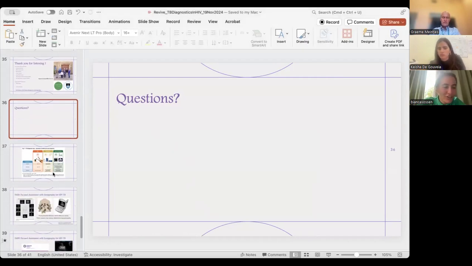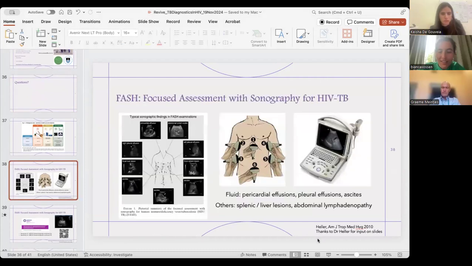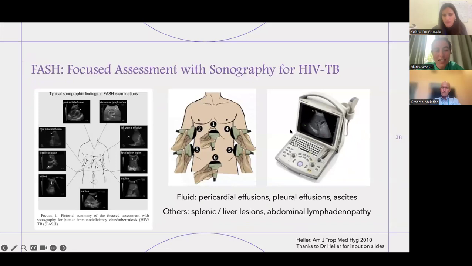Cool, yeah. So thanks. I'm glad we had prepared this in case there was time to talk about it. So hopefully you can still see my slide. What's been developed is a protocol you may be familiar with already called the FASH ultrasound, standing for Focus Assessment with Sonography for HIV-TB.